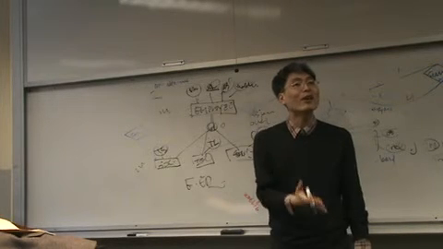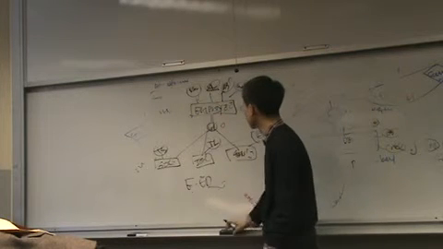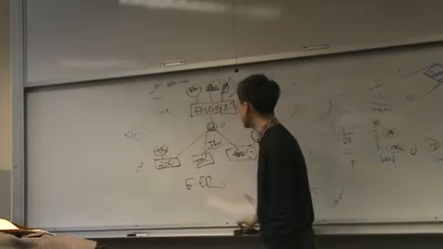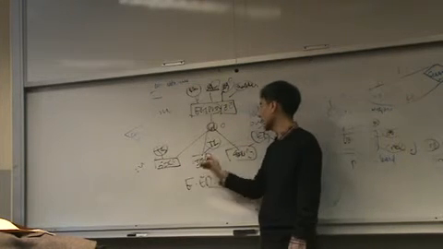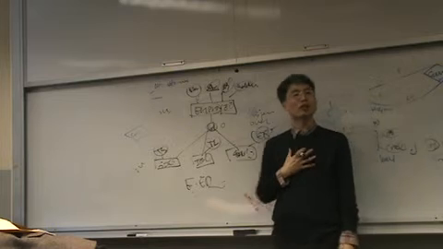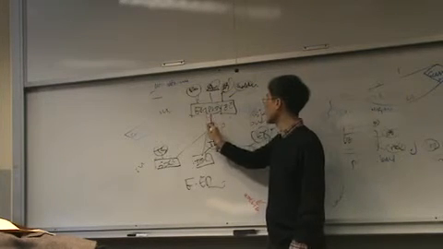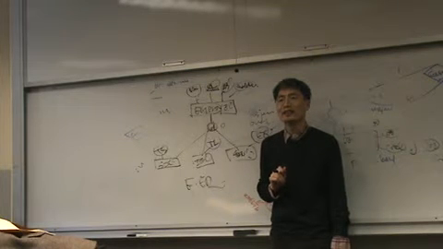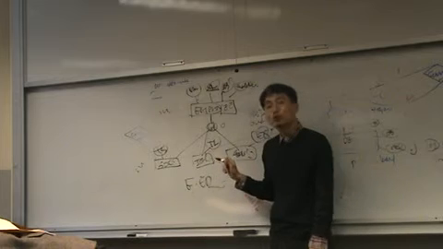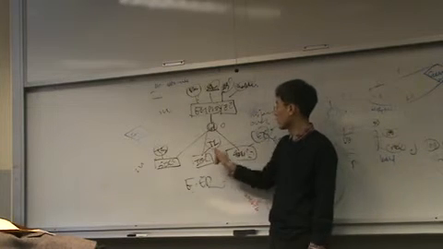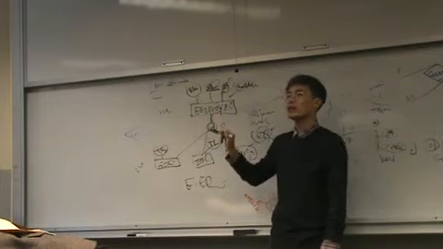Same thing, mandatory or optional. That means some of the employees do not belong to any of these. I'm not a secretary, I'm not a technician, I'm not an engineer, I'm just an employee. At that time, if you allow such a thing, it's a single line. Otherwise, if you do not allow such an employee, but it should be at least one of these, it is a double line.